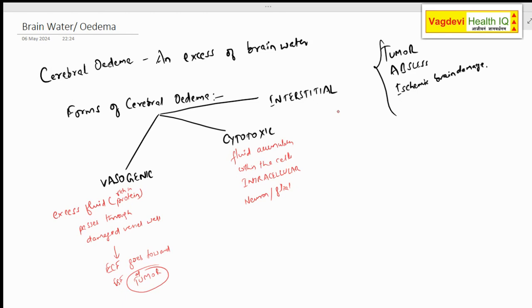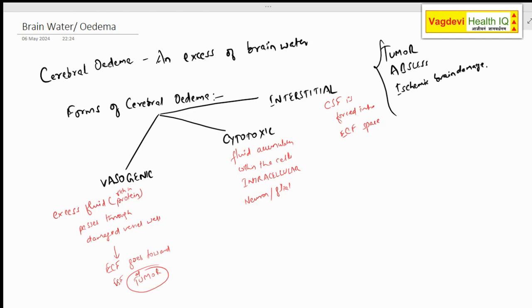Okay, what about interstitial? Here, CSF is in expulsion. It is forced through the ECF space. Here, what happens? CSF is forced into the ECF space. You understood the point? Remember that diagram?